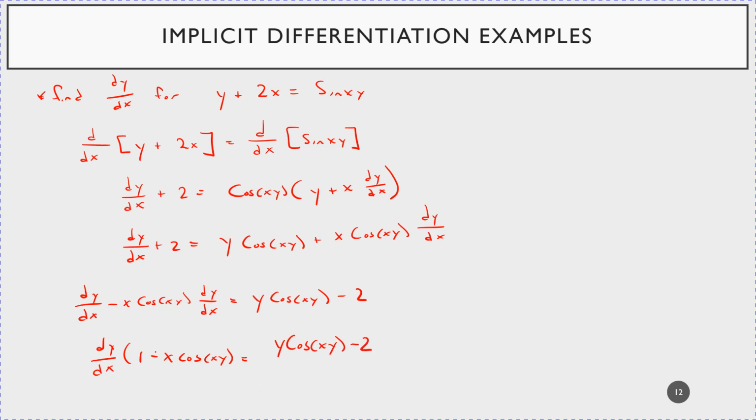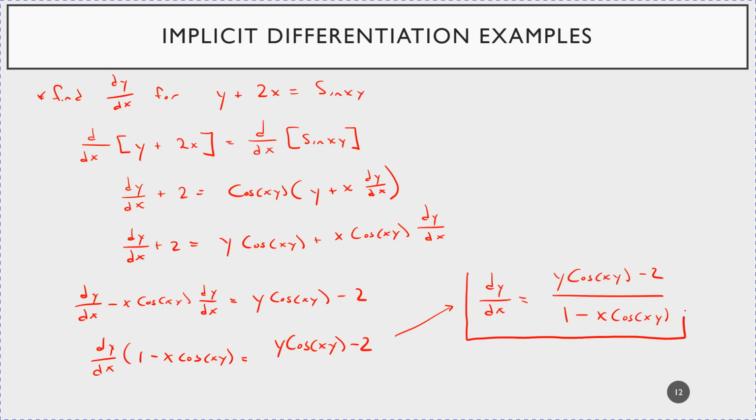And then look, you just divide this over to get dy/dx. So dy/dx is equal to y cosine of xy minus 2 divided by this part here, which is 1 minus x cosine of xy. So again, a lot going on here. And you just got to remember, whenever you differentiate y, you get that dy/dx.